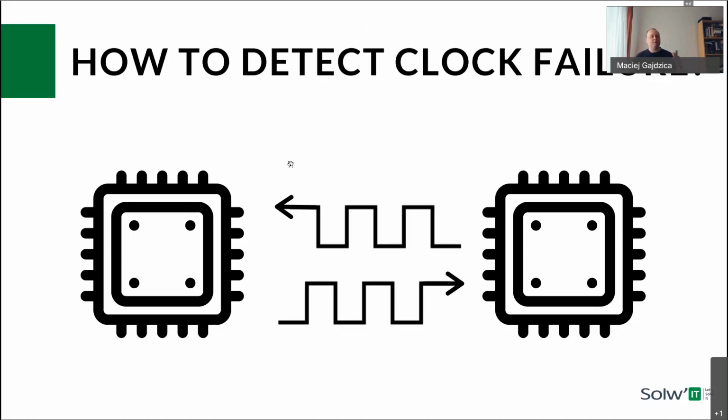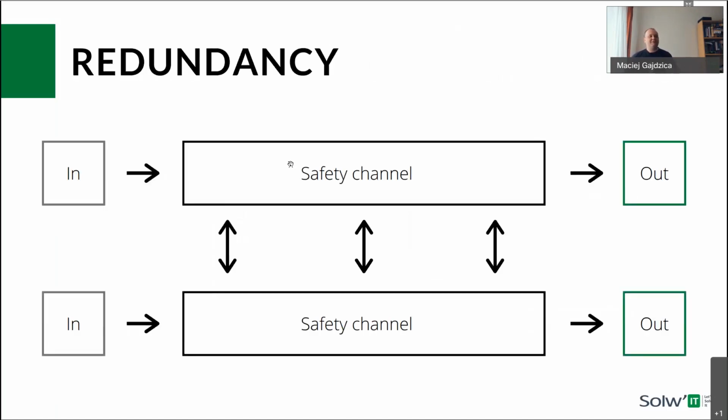We don't need to know what exactly happens. We just need to prevent the accident. And this redundancy concept is all over the safety critical devices. We have, for example, this concept of two separate channels that are doing basically the same.